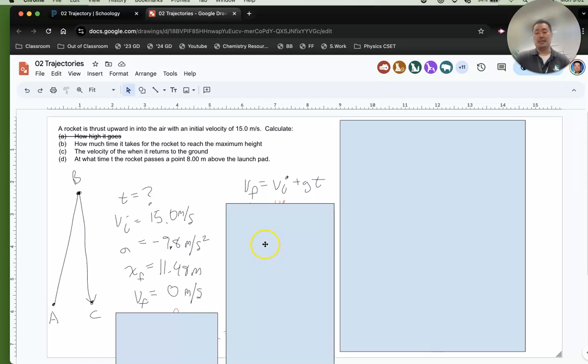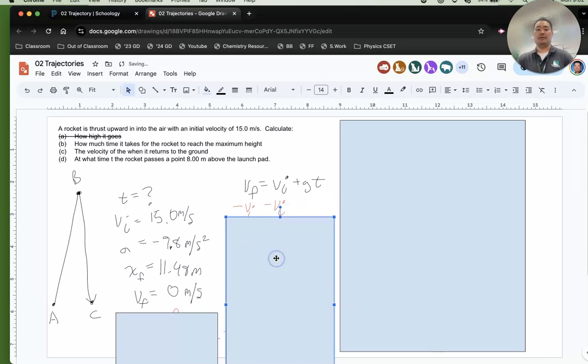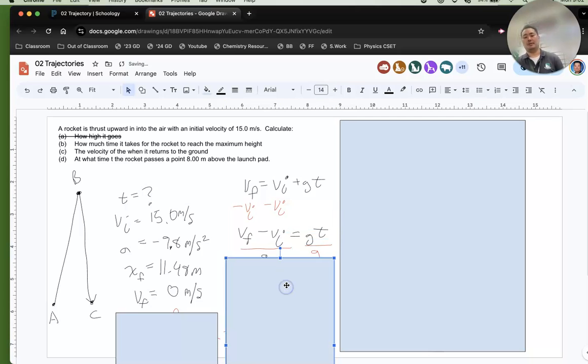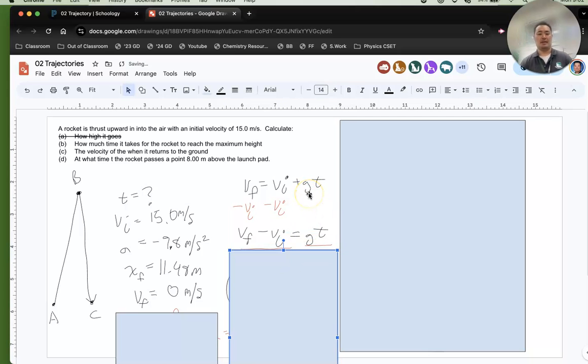We're trying to find t, so we'll subtract both sides by v sub i. The result is v sub f minus v sub i equals gravity times time. Next month we're going to be using temperature, so it'll be very annoying to tell time from temperature.